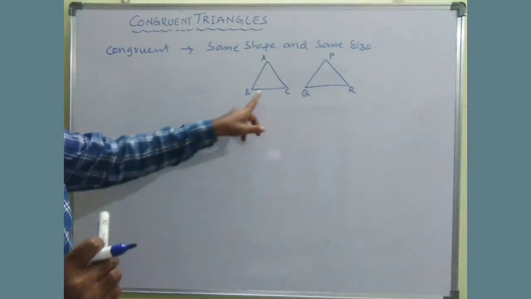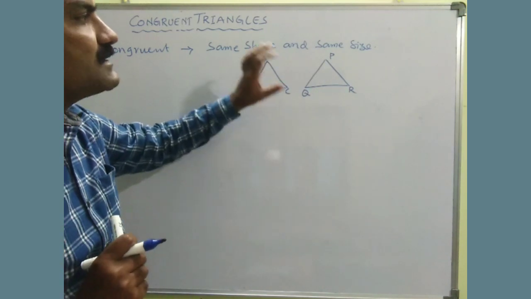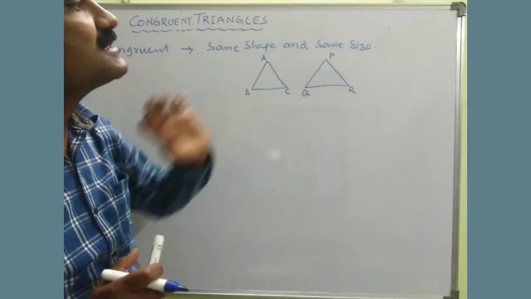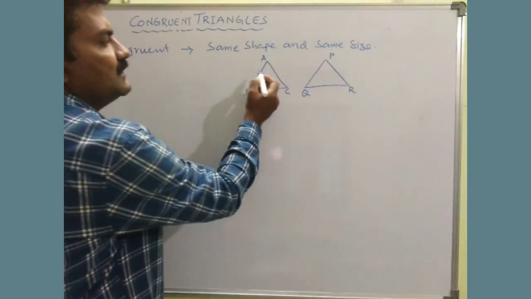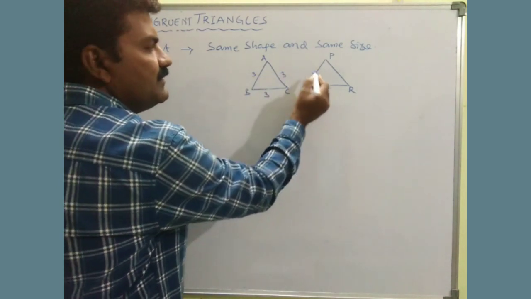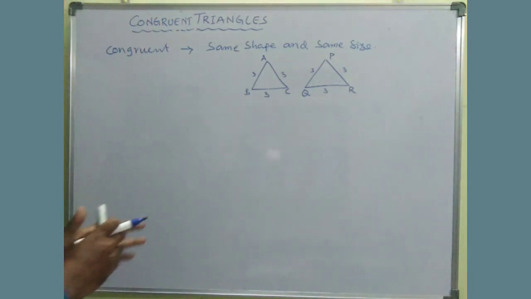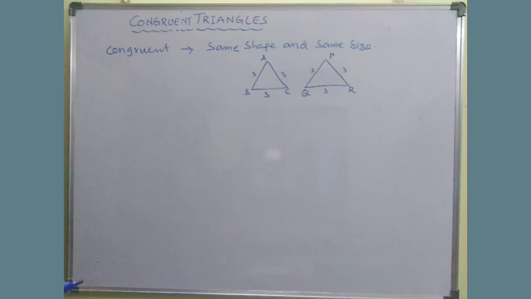First of all, both have the same shape, triangular shape, and suppose both have the same size also. I mean this is 3 units in length, for example, and the same is 3 units on each side.